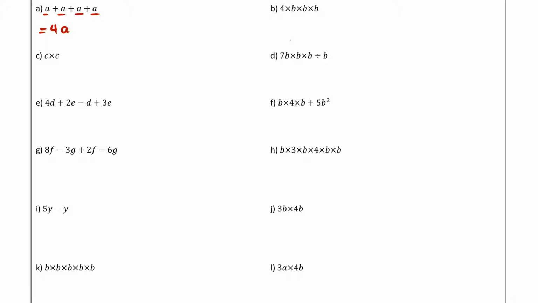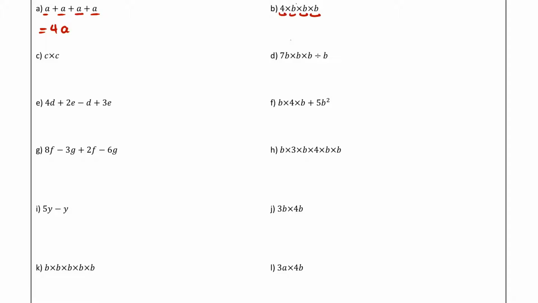In the next question, it says that I'm multiplying 4 by b by b by b. So in this case, I'm no longer adding b's, so I can't say that I have 4 plus 3 b's, so I don't have 4 plus 3 apples, but in this case I'm multiplying.